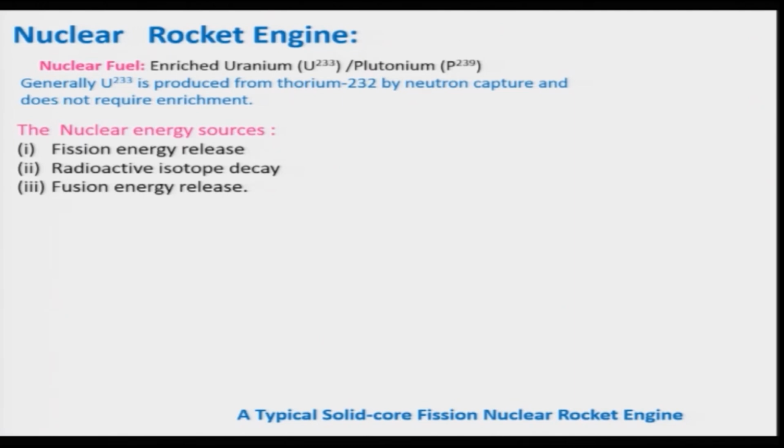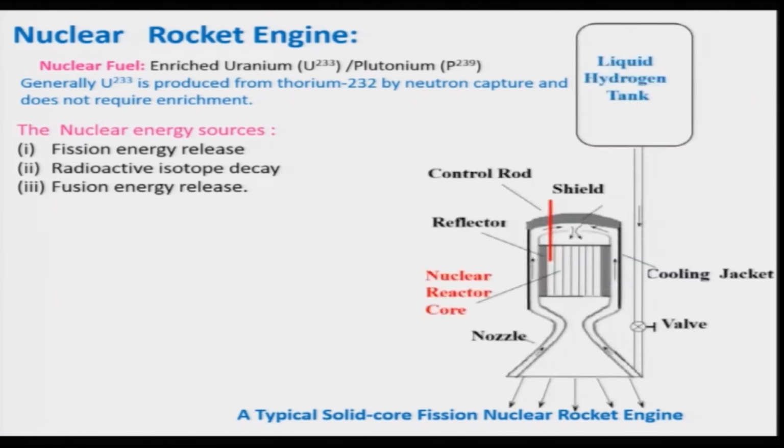Of course, there is another model also for the fission nuclear reactor, and the schematic is shown here. If you look at this, it looks similar to the chemical rocket engine. That means it has a thrust chamber and a nozzle, and the liquid propellant, particularly hydrogen, which is preferred, passes through this, and with the help of a valve, it goes through the cooling jacket.